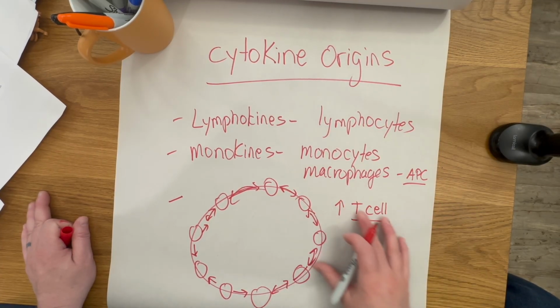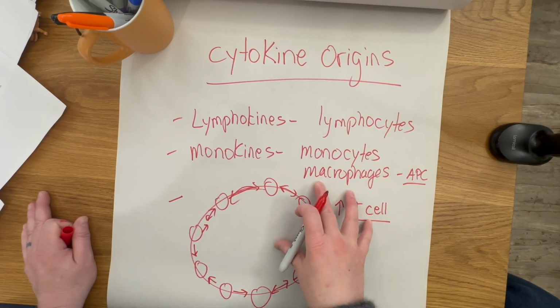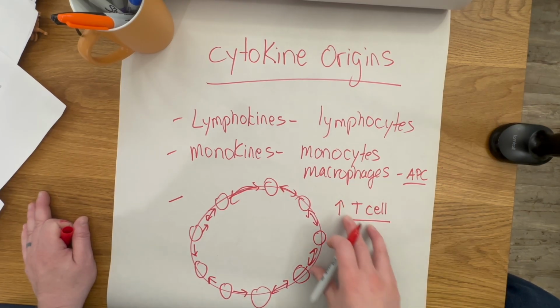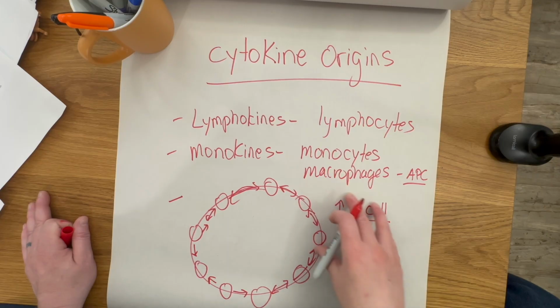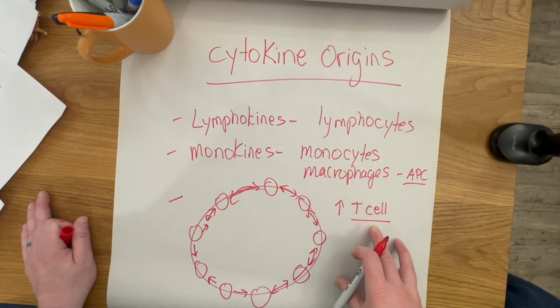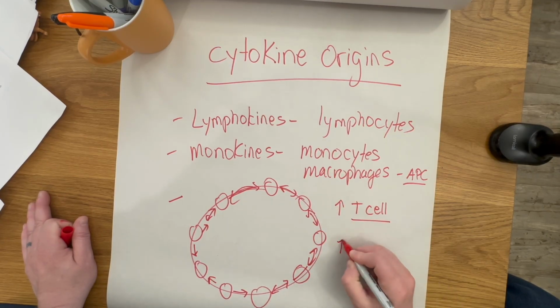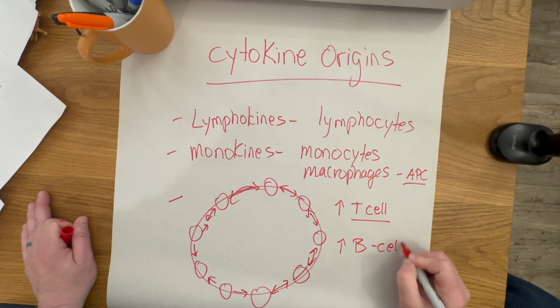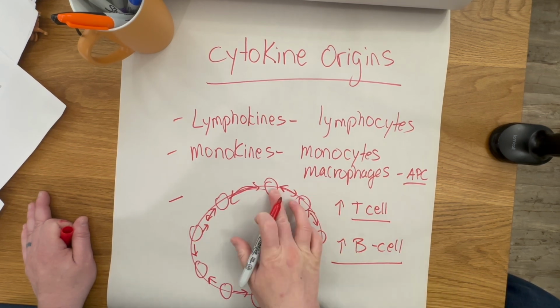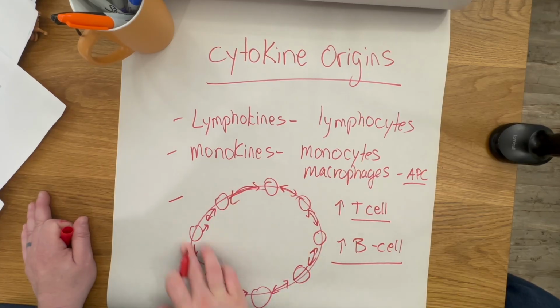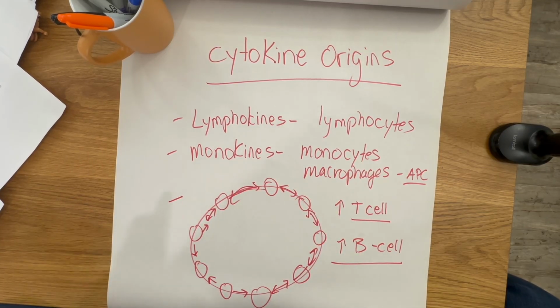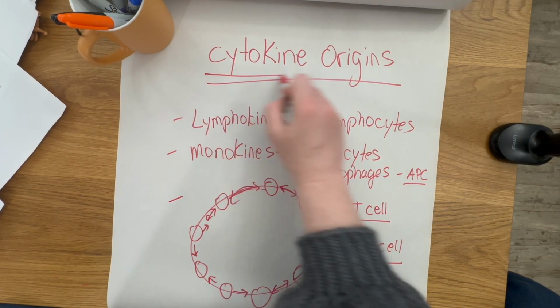It helps to attract macrophages, and it attracts the stimulation and the activity of the cytotoxic T cells. And it promotes, of course, activation of the B cells as well. Okay, so this communication, T cells to B cells to macrophages to other tissue cells, all of that is facilitated by cytokines.